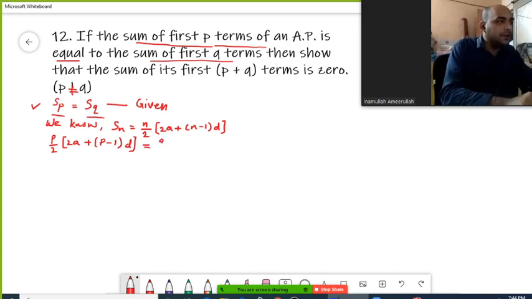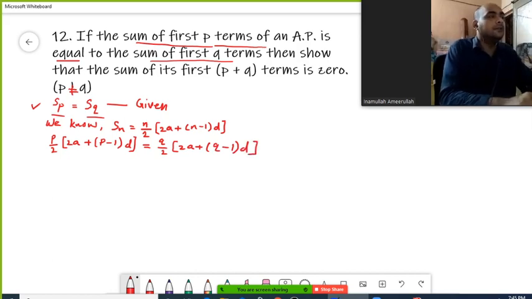SQ is again q by 2 into bracket 2a plus q minus 1 into d. So we substitute like this, p by 2 here and q by 2 here. Both sides can be divided by 2.